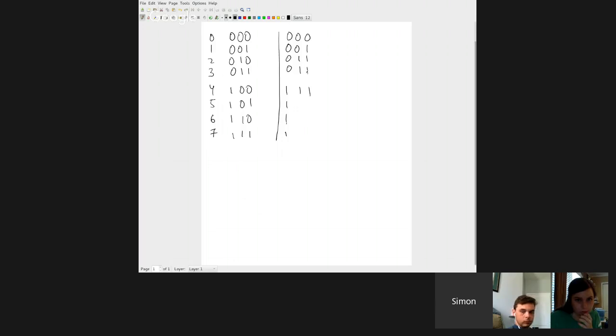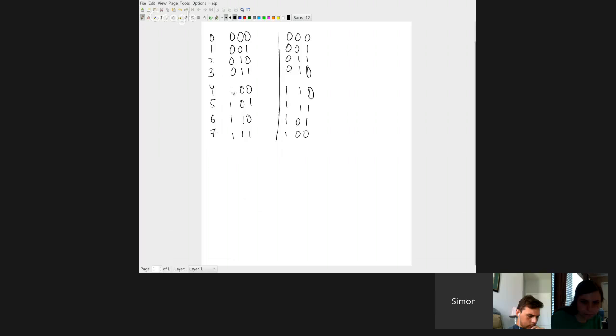wait, that will be 0. Will be this. And let us try to see how, for example, 3 can be converted from the binary notation to the gray code notation.